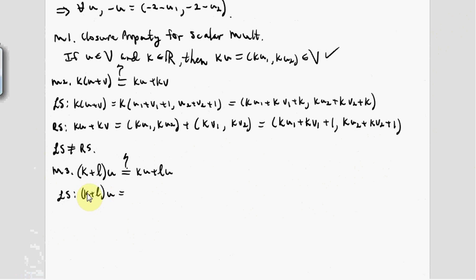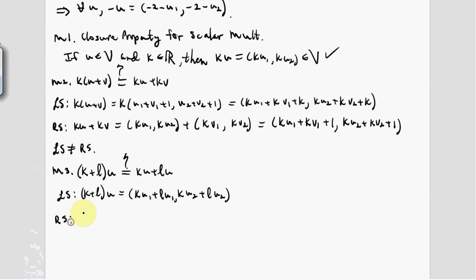Here we treat k plus L as a scalar, so it's a scalar times the vector, and the scalar multiplication was defined in the standard way. So this is k u sub 1 plus L u sub 1, comma, k u sub 2 plus L u sub 2.